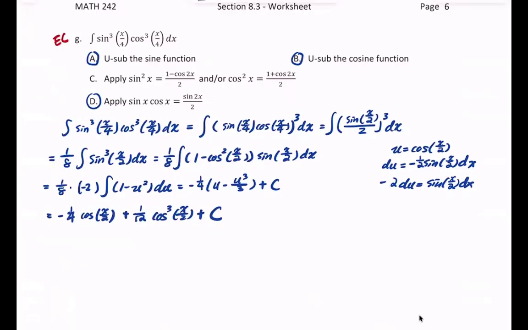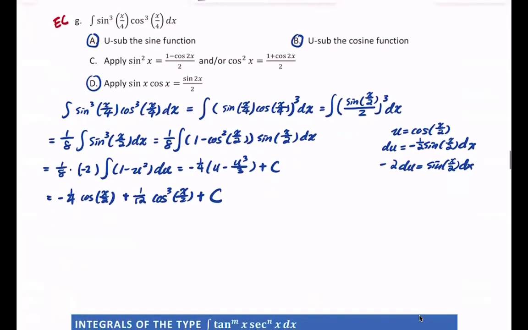So this one, you can do 3 different ways. Depending on what you do, your answer will not look the same at all. So let's try one more because we have space for one more. Let's do the sine sub then. Okay, so if we do the sine sub, we keep all the sine, right?